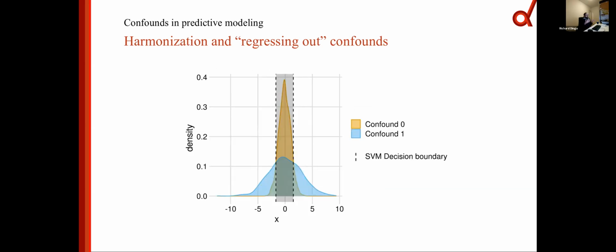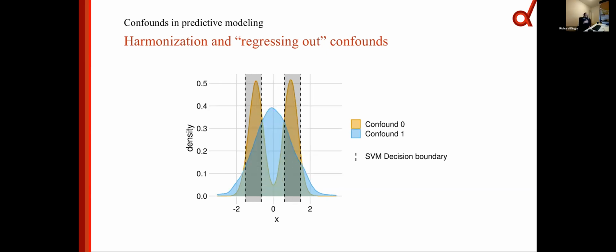But maybe it looks something like this. So after adjustment, there is still a difference in variance, and something like a nonlinear support vector machine can learn this difference in variance. Of course, if I use ComBat I also model the variance, so this wouldn't be a problem for ComBat.